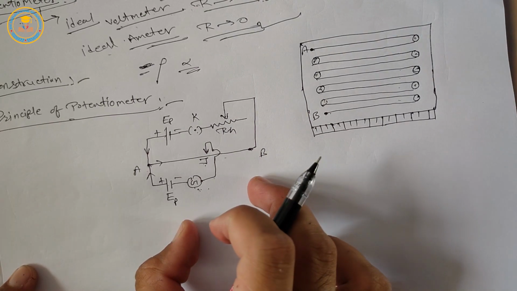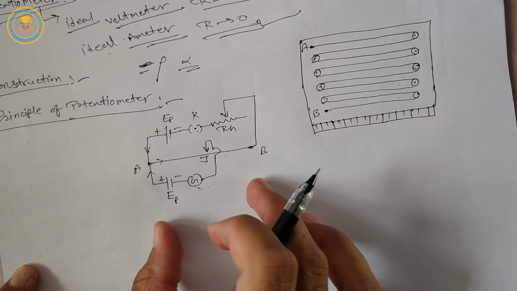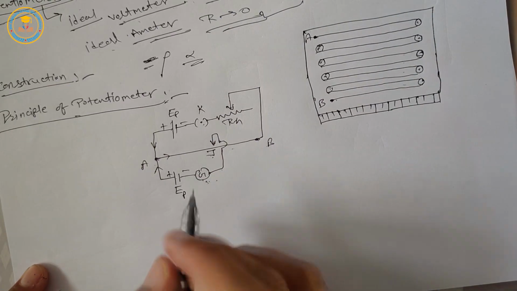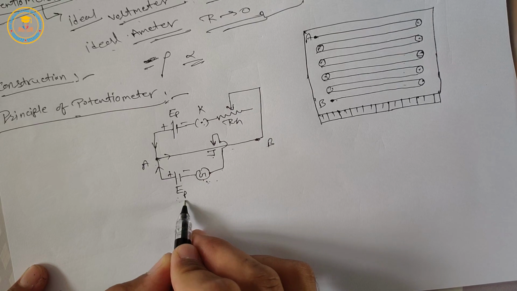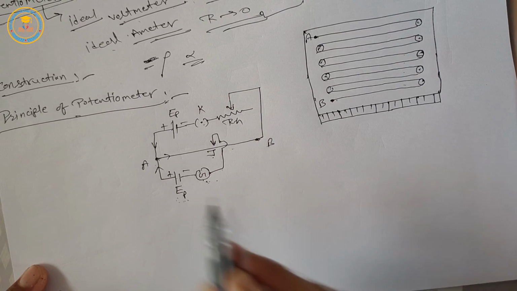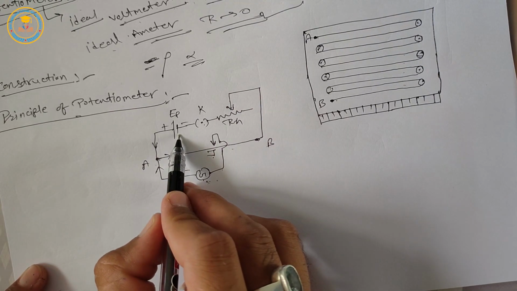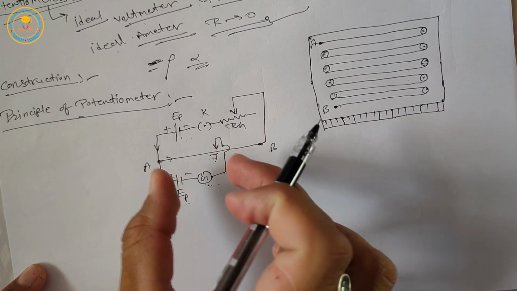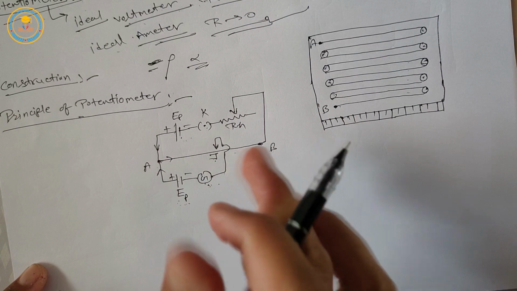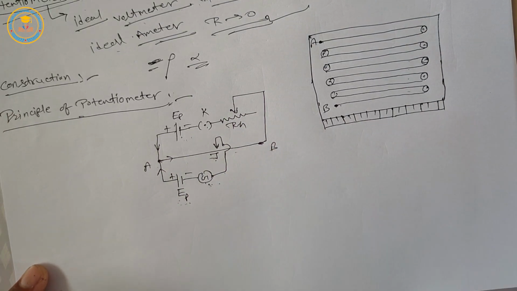In the state of zero deflection, the value of the unknown EMF is equal to the value of the known EMF, it means the potential difference of that wire. This is the principle of the potentiometer.